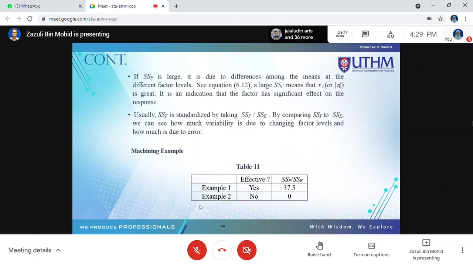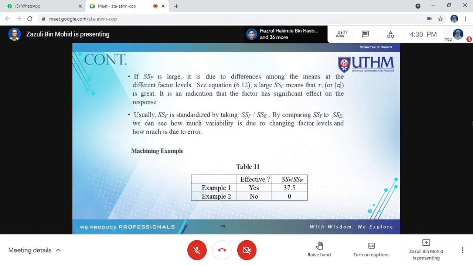So a large SSF means that the tau i is big. It is an indication that the factor has a significant effect on the response.